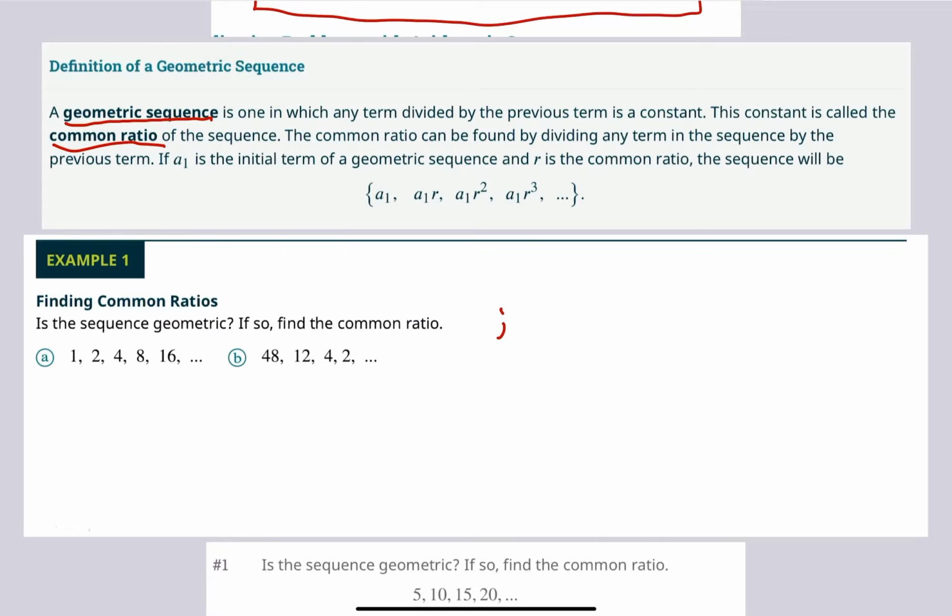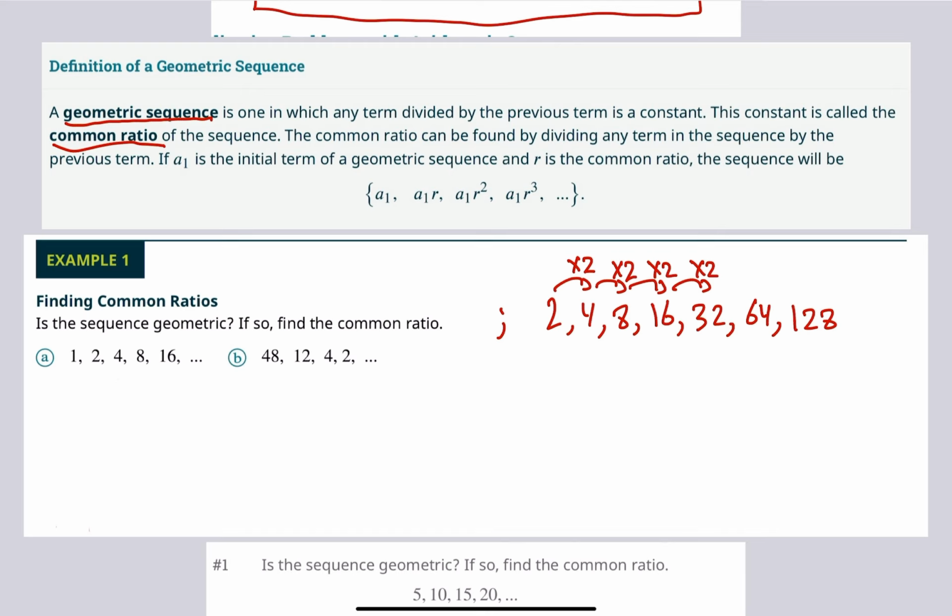Let's say we have 2, 4, 8, 16, 32, 64, and what else? 128, right? So in this case, we're simply multiplying by 2. I don't see an addition of 2 going on, which basically means going from one term to the other, I'm multiplying by 2. And that's a common ratio.